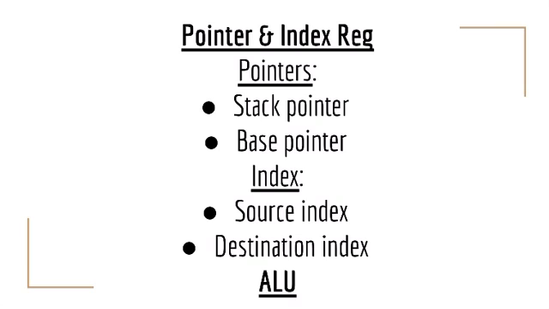Next we have the pointer and index registers. The 8086 has 2 pointers and 2 index registers. The 2 pointers are the stack pointer and the base pointer, and the index registers are the source index and destination index. As I explain, you can see the architecture of the 8086.